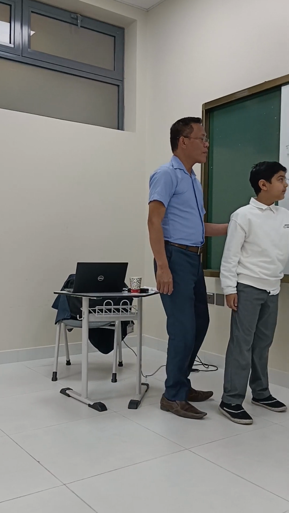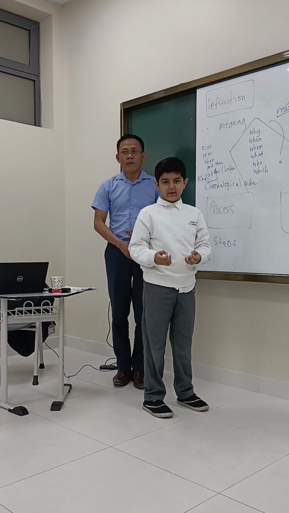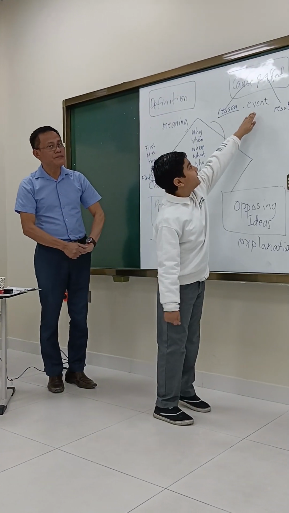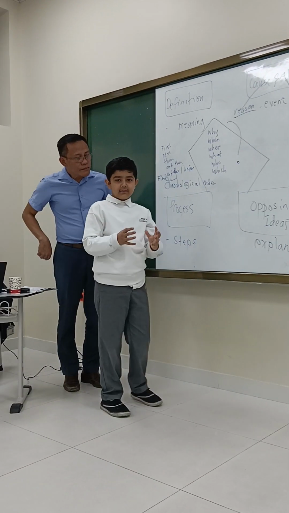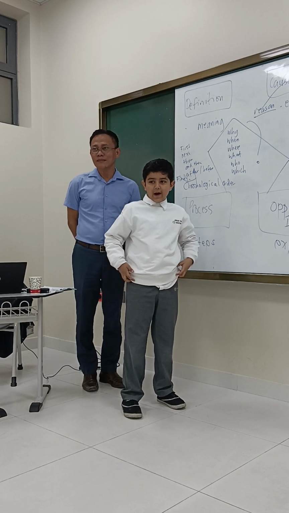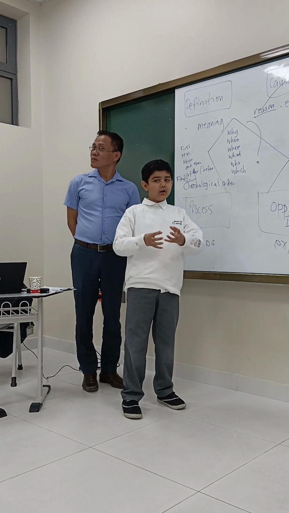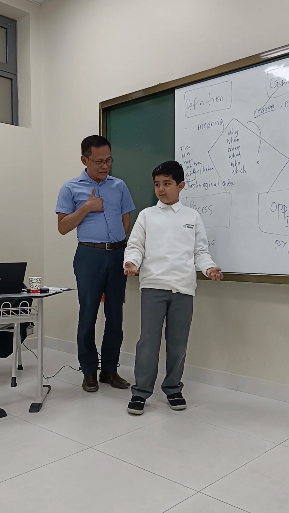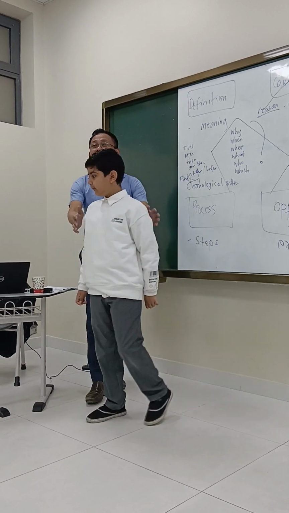Opposing ideas are negative feelings that help you make an event because it tells you why the teams are apart and why they think all of that negativity.